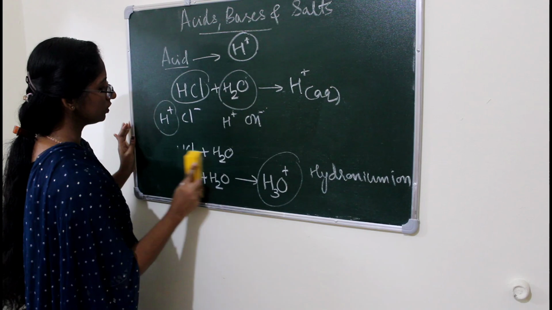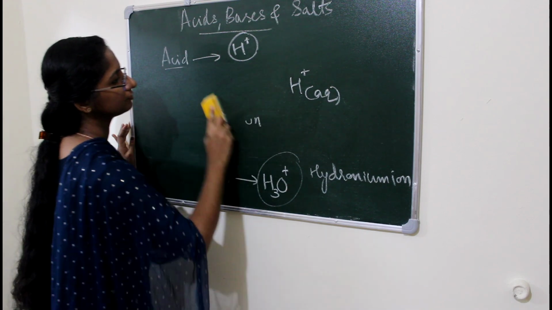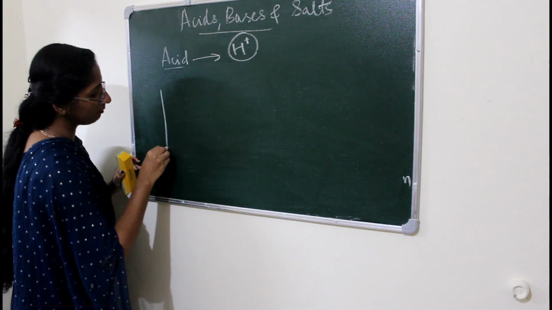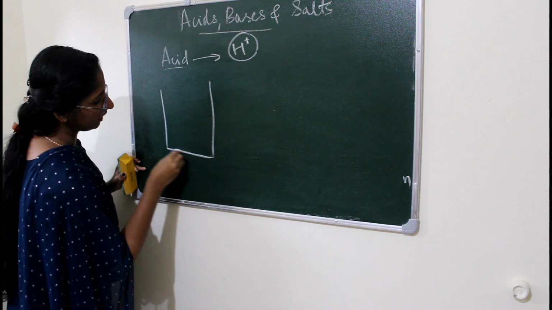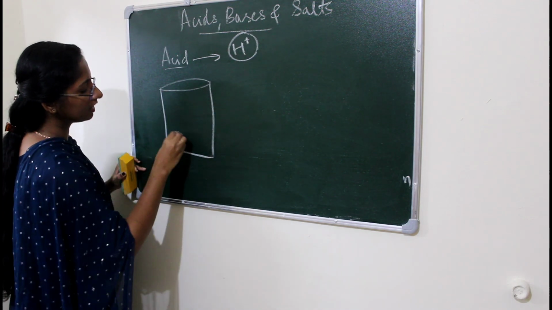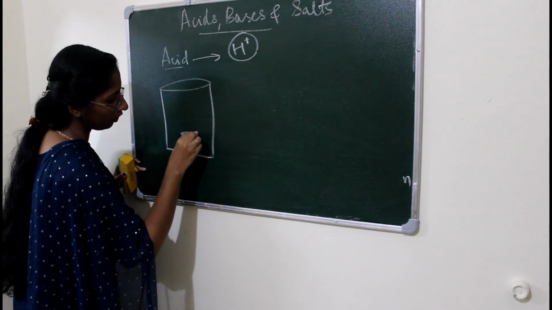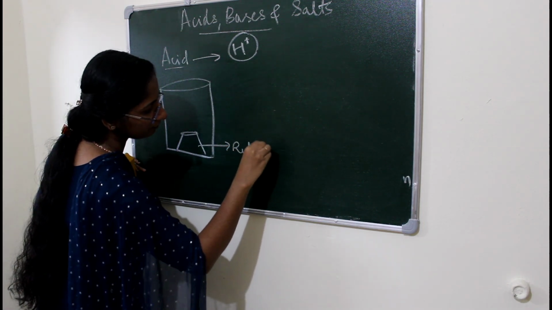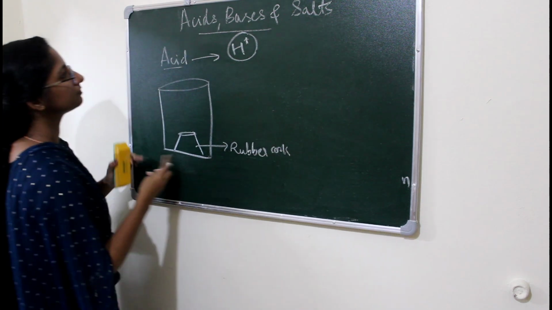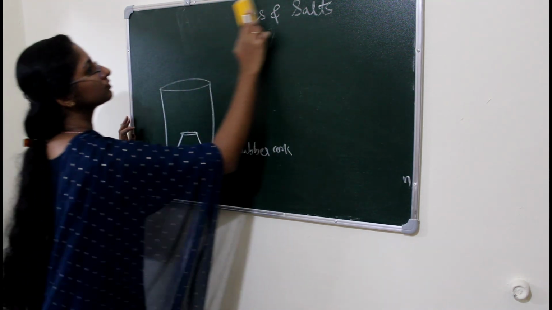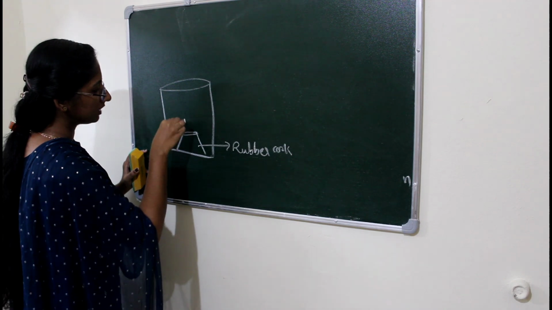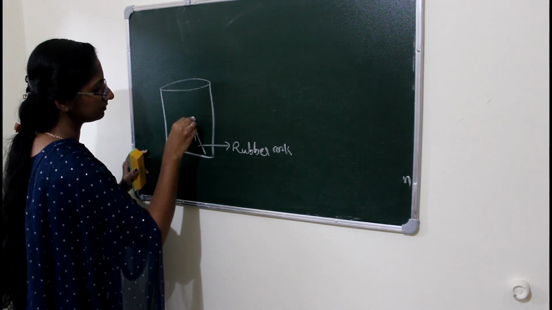Okay, so we can check this. In the experimental setup we are taking a beaker. In that beaker we are placing a rubber cork, and we are placing 2 iron nails.